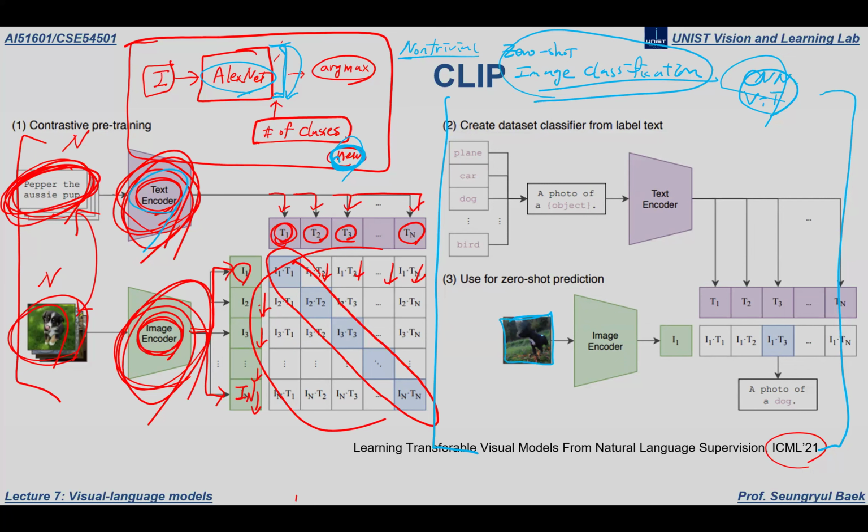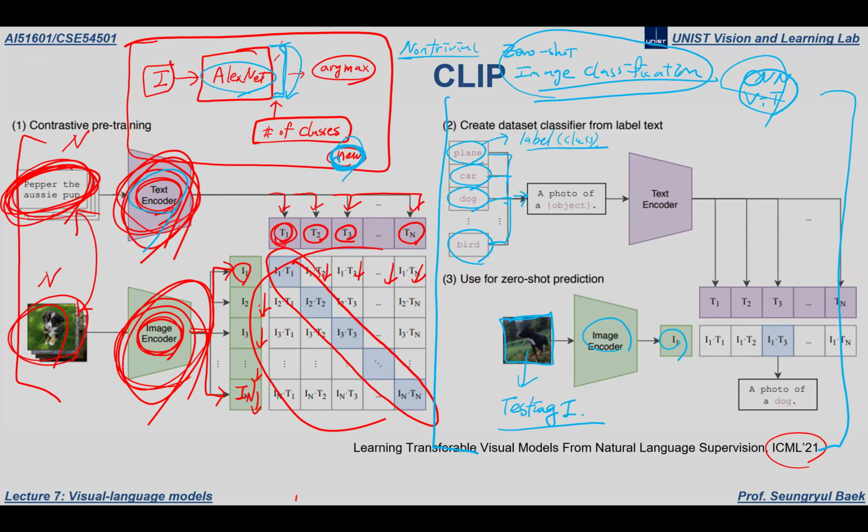So here, these are the testing images, okay? We input them to the image encoder, then we get some image feature for that sample. And then we also encode some text descriptions, which correspond to the class labels, okay?